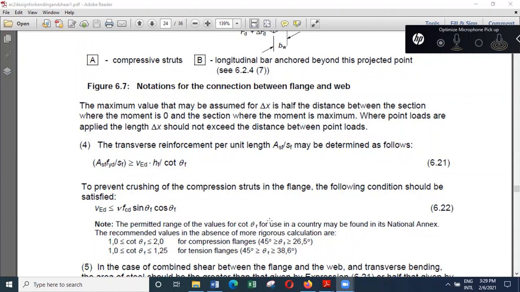And tan 26.5 is 0.5, and cot 26.5 is 2. So first we'll start by looking at the 26.5 degree angle.